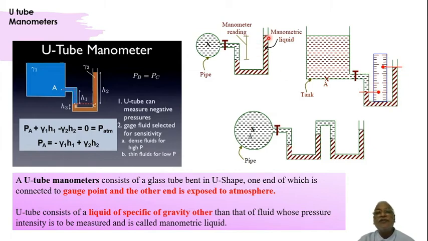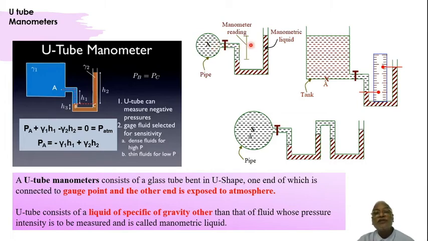Now there is a different liquid which will be used for measurement of pressure, which is known as manometric liquid. And obviously the specific gravity of this manometric liquid will be quite high compared to the specific gravity of the liquid which will be flowing in this pipe, because the pressure is more.